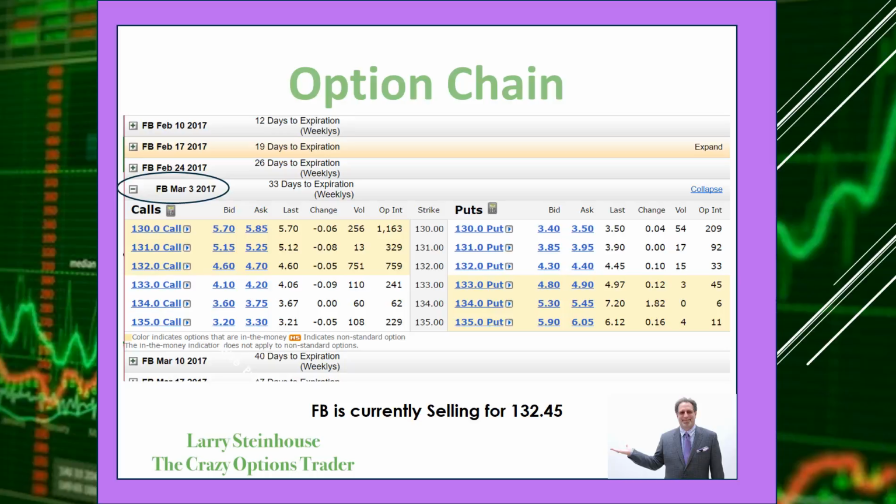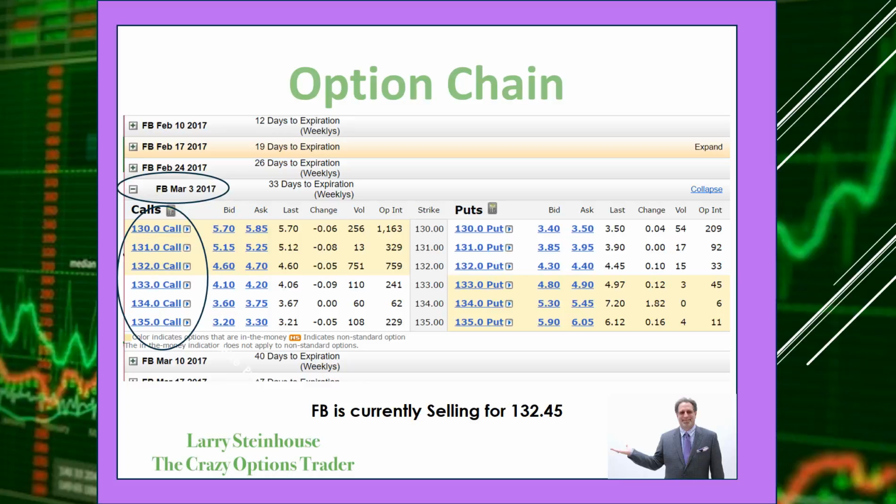So if you look, you can see that you can buy options that have intrinsic value, or you can buy options that don't have intrinsic value. So for example, the 130 call, which is the strike price, 130 is the strike price, has $2.45 intrinsic value in there at this number. But if you look at the 135 call, it has no intrinsic value.